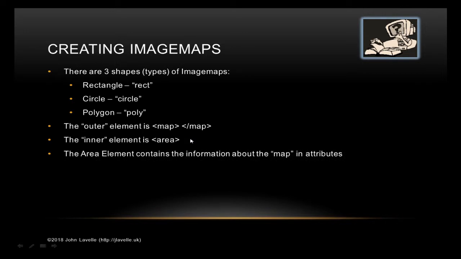Inside of area, you have the attributes about the map. So the coordinates, the shape, this type of thing will all be inside the area element. Now, the image map itself is controlled by an image element, which is outside of the map element, and it will call it.